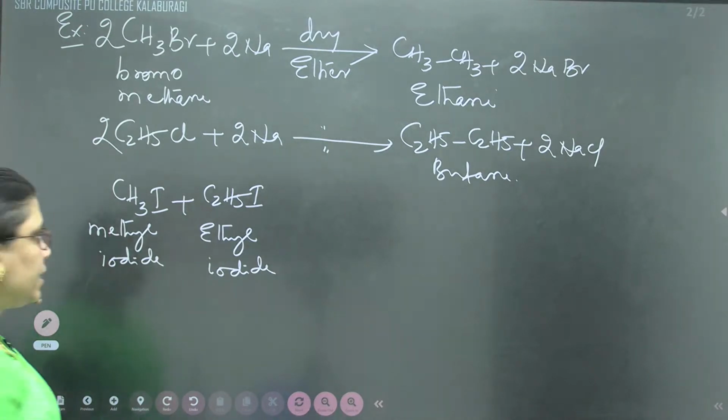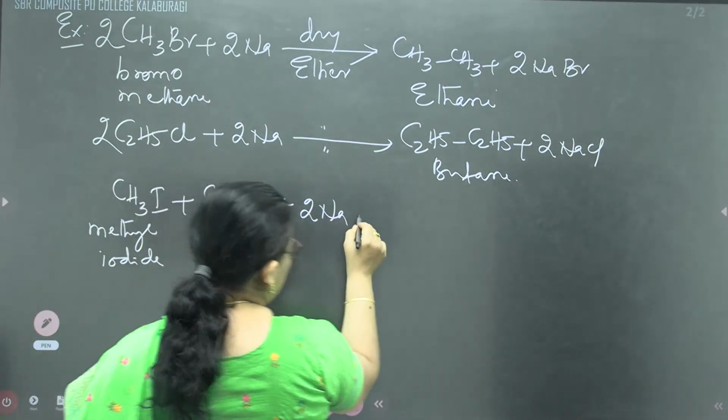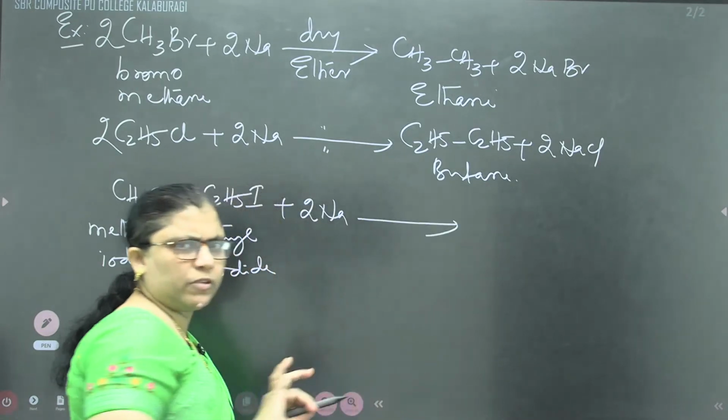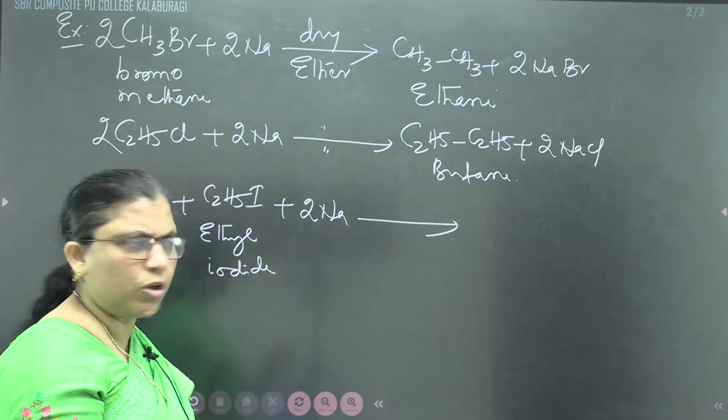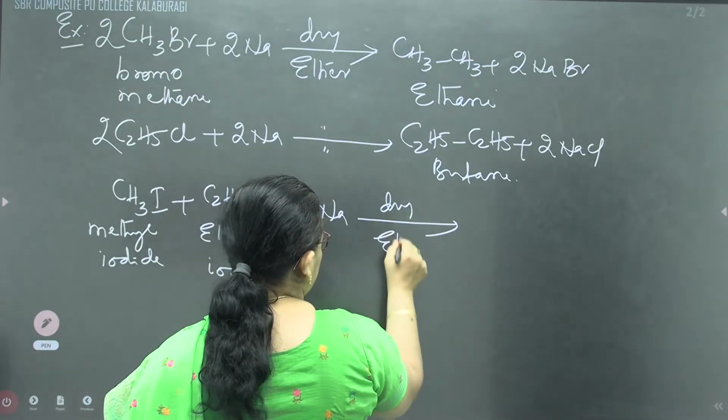Methyl iodide and ethyl iodide are treated with sodium metal, 2 moles, under the same condition, with dry ether as the medium.